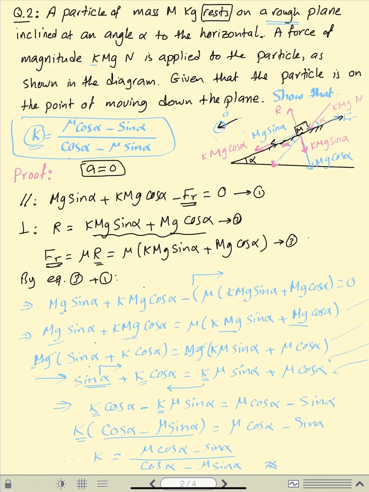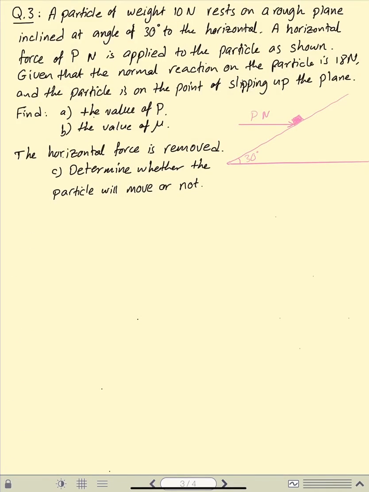Let's move to a different idea. A particle of weight 10 newtons rests on a rough plane that is inclined at an angle of 30 degrees to the horizontal. A horizontal force of P newtons is applied to the particle as shown.